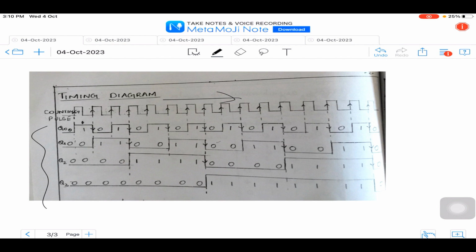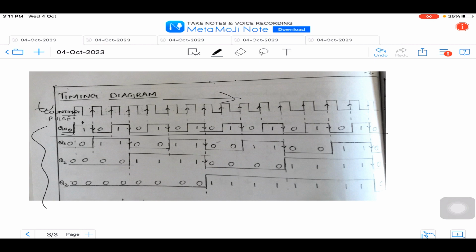Now when you observe the 4 outputs Q0, Q1, Q2 and Q3, please observe carefully here. At the first clock pulse, you have the Q0 value high until the next positive edge trigger. You can see here, whenever the positive edge trigger occurs there is a change from 1 to 0 with respect to the first output flip-flop, that is Q0.